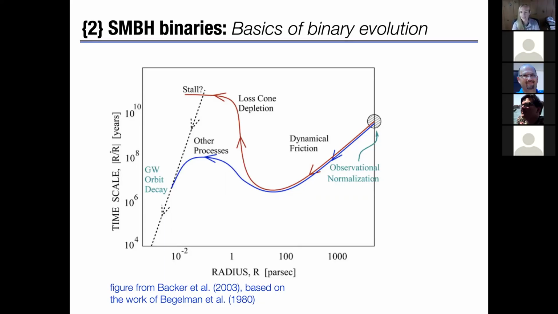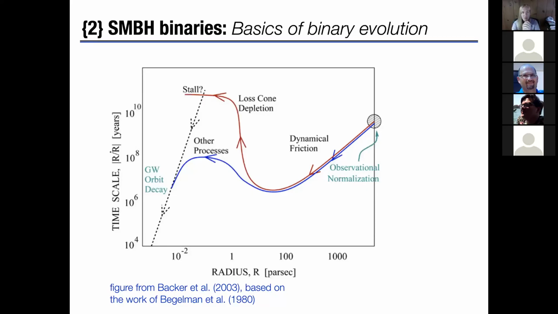So initially, you have this observationally normalized, kiloparsec separation dual systems that sink at first via dynamical friction and then by three-body scattering events with stars. And some of the early calculations for these scattering events found that you would run out of stars that could interact with your binary and take away angular momentum.